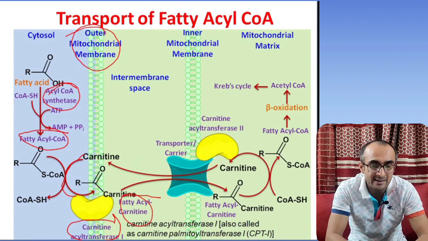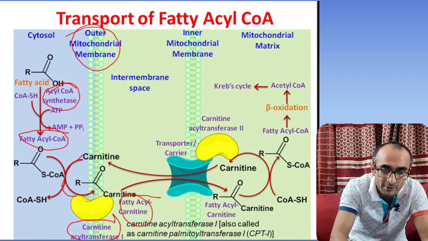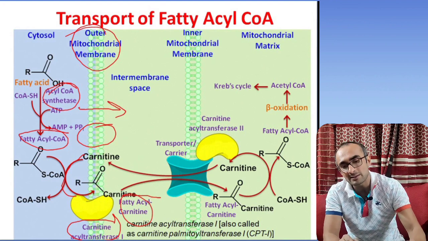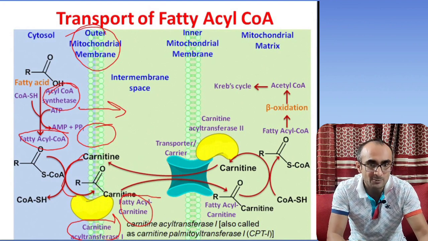Ab this fatty acyl carnitine will be transported to the inner mitochondrial membrane, aur transport karne ke liye yahan pe in outer membrane you have pores, in fact porin structure hoti hai proteins ki jo work as transporter.